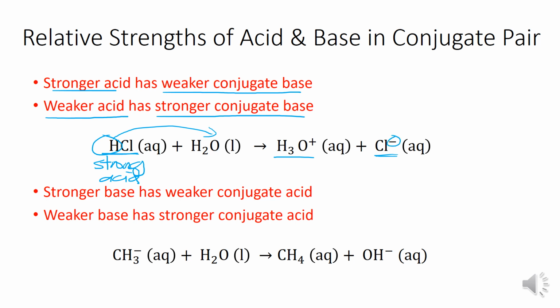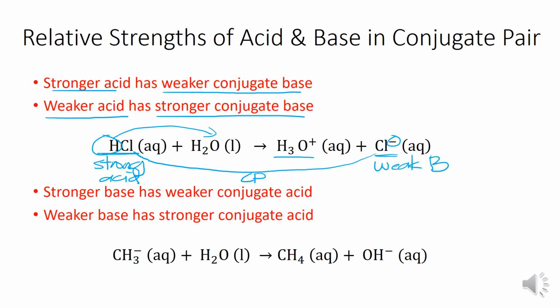So hydrochloric acid again is a strong acid. Since the chloride ion is produced from the hydrochloric acid, we can say that the hydrochloric acid and the chloride ion form a conjugate pair. Since hydrochloric acid is a strong acid, we can say that the chloride ion is a weak base.